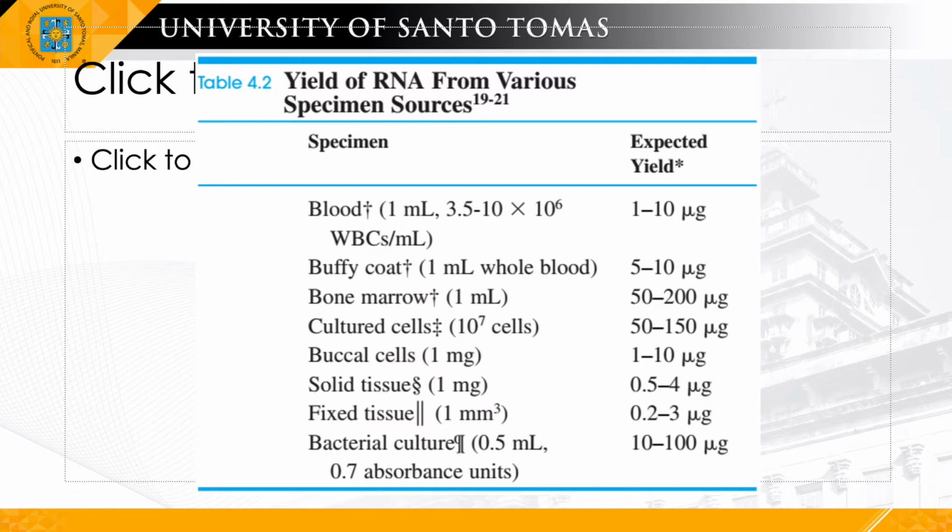Isolation of RNA from fixed tissues with fixatives is especially affected by the type of fixative used and the age and the preliminary handling of the original specimen. And of course, for bacteria and fungi, it depends on the specific type of bacteria or fungi whether you will yield more or less RNA.